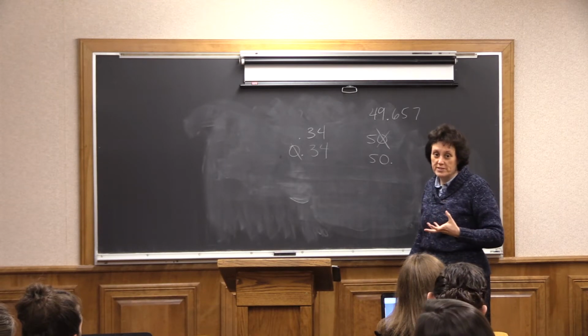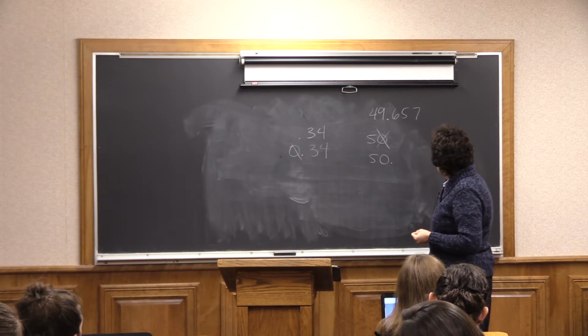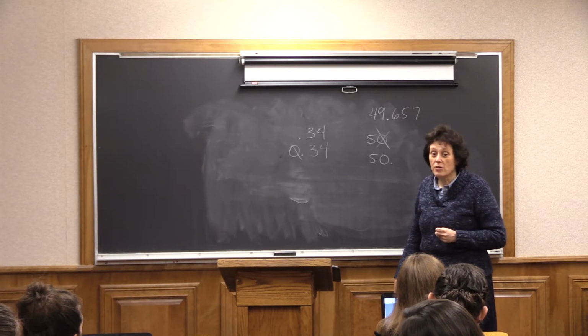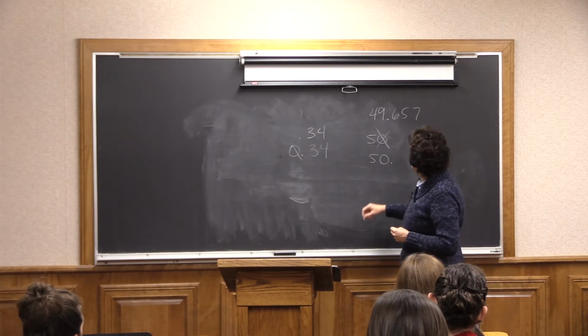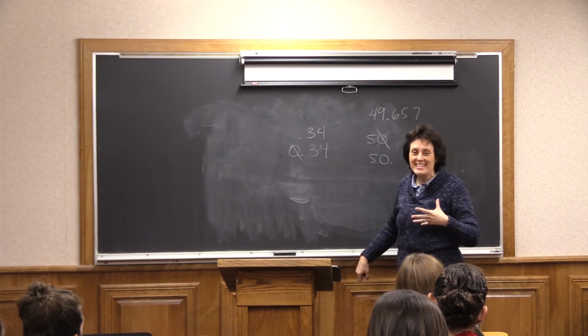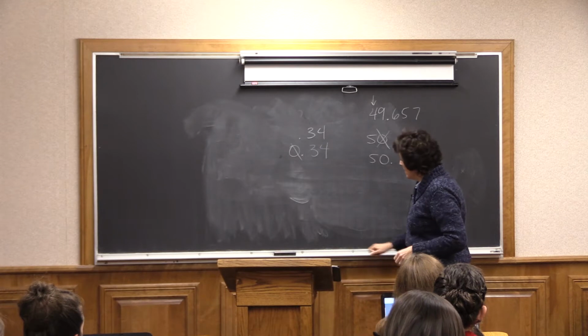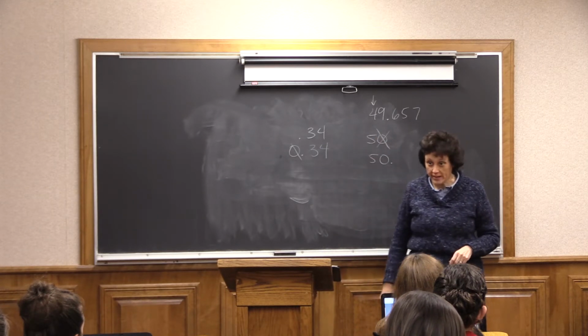The problem comes with the zeros. All right, so if I tell you to round this to the nearest tens, no TH, the nearest tens, you're going to write 50, correct?